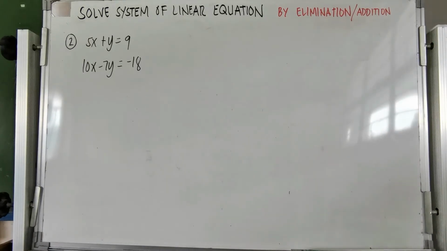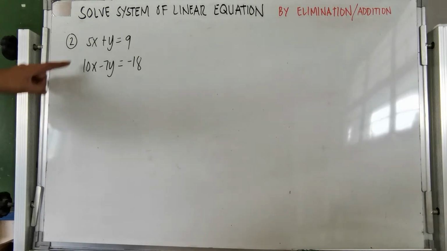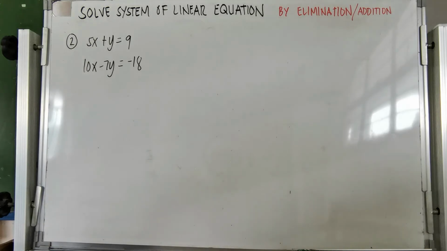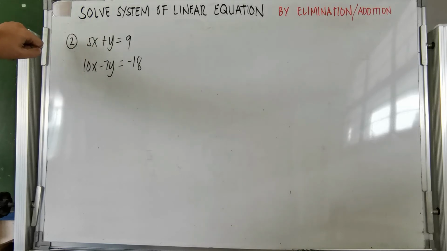Let us have example number 2. So, our given is 5x plus y equals 9 and 10x minus 7y equals negative 18. So, observe that sa ating second given, wala tayong term na the same pero magkaiba ng sign. So, ibig sabihin, wala tayong pwede kaagad na ma-eliminate or ma-cancel.